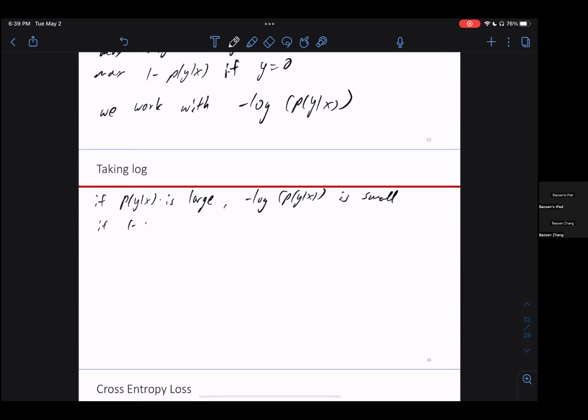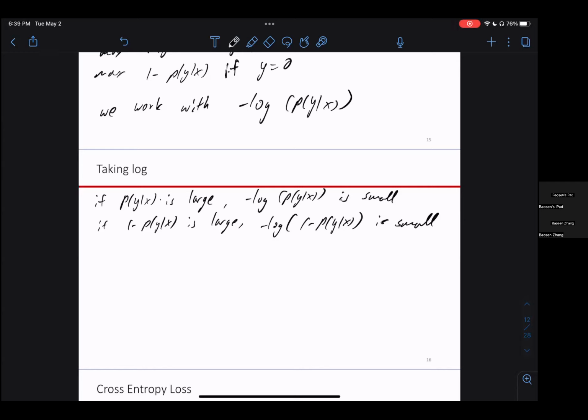So if 1 minus p(y|x) is large, minus log of it is small. Okay, right? So basically what we want to do is minimize minus log of something. We just want to minimize minus log of this thing.